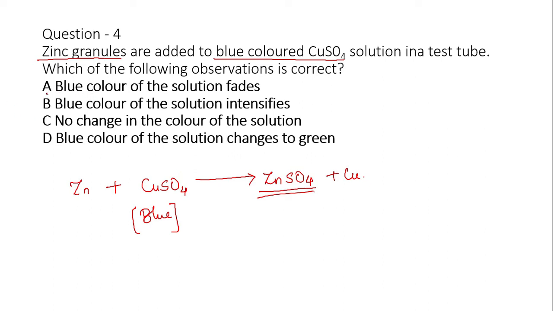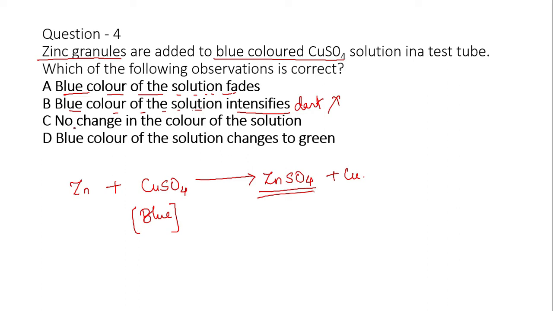We will see that with the help of the options. Blue color of the solution fades. Yes, this is true. But let me check the others also. Blue color of the solution intensifies. Intensifies means becoming dark. So the answer is no. So this is the wrong option.